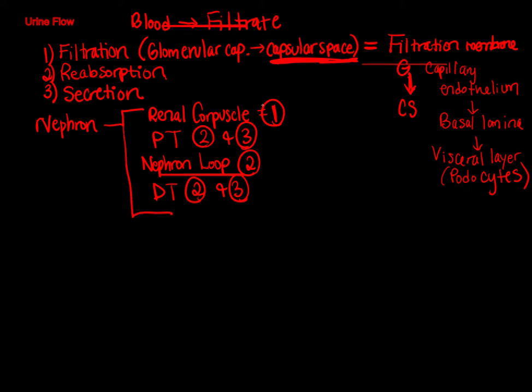Okay, so as it goes from the capsular space of the corpuscle through the distal tubule, we're going to call it filtrate the whole time. It's not quite blood, and it's not quite urine. But then we're going to take that and we're going to collect them in multiple collecting tubules.